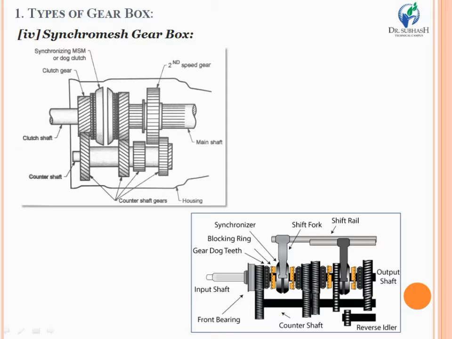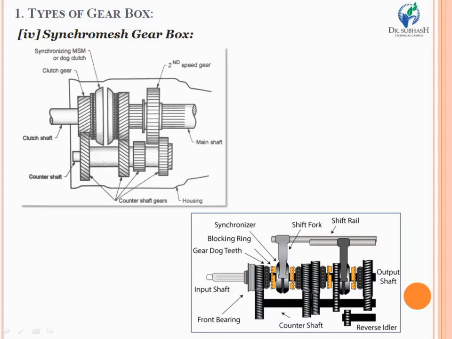In sliding mesh type of gearbox, we know that there is a gear shifter which slides along the main shaft, and ultimately it can have the possibility of the pairing of driving and driven gear, and ultimately we are getting the required speed as well as torque. So that sliding mesh type of gearbox is generally used in our common automobile vehicles like two-wheelers and other automobile vehicles.